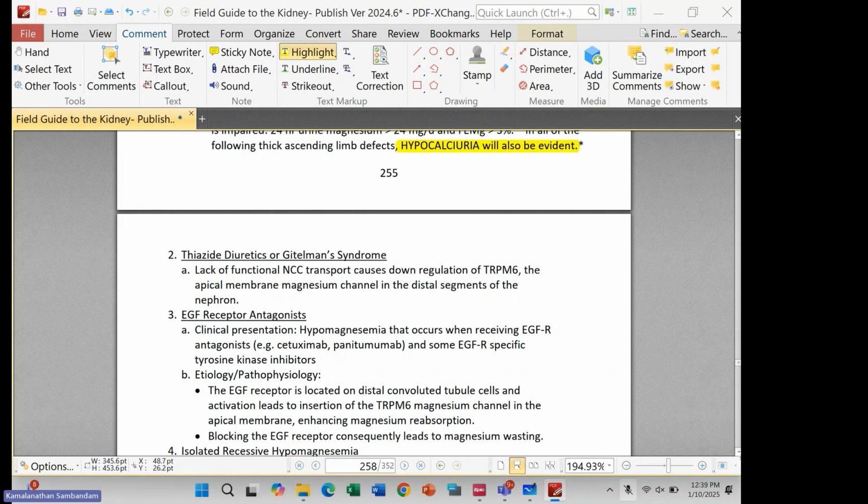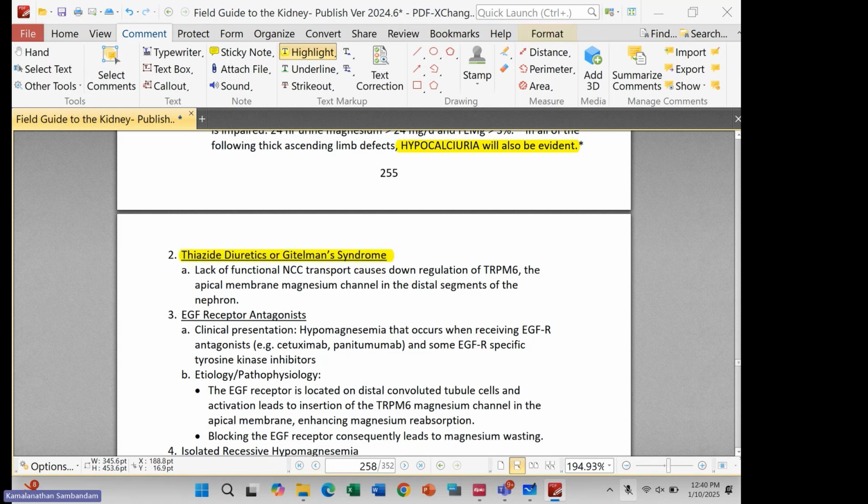So, if you had a Gitelman's patient with a defect in NCC transport, you would expect there was no effect of giving a thiazide to that individual in terms of natriuretic response and kaliuresis. So that's how we did it, not too long ago. But now with access to genetic testing, which is not 100%, right, that is becoming another important tool in making these diagnoses.